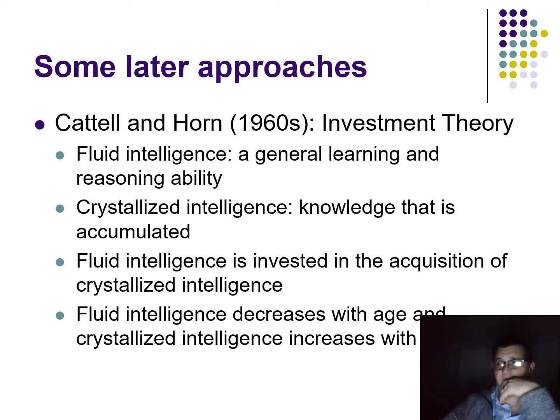The important thing from this perspective, although the exact demarcations of fluid and crystallized intelligence are probably somewhat debatable, is this idea that fluid intelligence decreases with age. It probably starts declining in people's mid-20s. So you all are probably good. I've been dropping for a decade and a half probably.